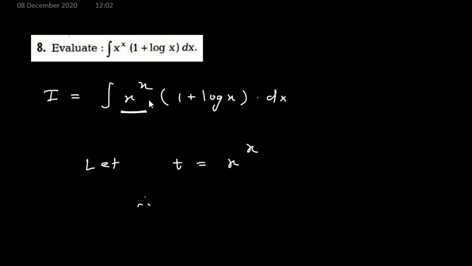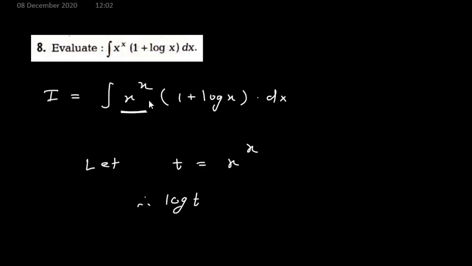Therefore, if I differentiate it, what do we get as the derivative of x power x? This derivative can be solved by using the log method, and you must remember the derivative of x power x. Here, to differentiate, first you have to take log.